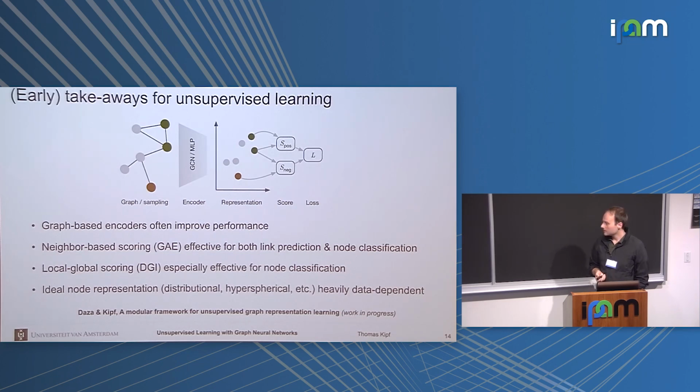And lastly, the ideal representation here is highly data dependent. So there's basically no clear winner across data sets. For some data sets hyperbolic embeddings win, for other data sets hyperspherical embeddings win, and for others you might just use a Euclidean embedding, and that's the best representation.